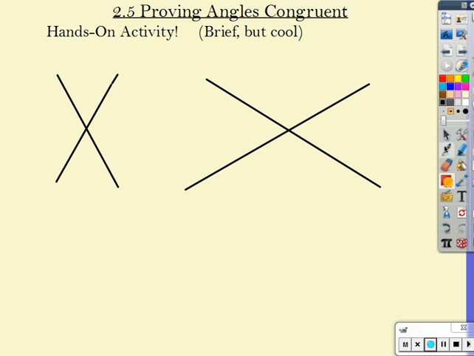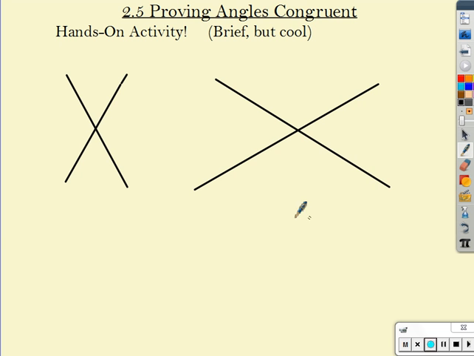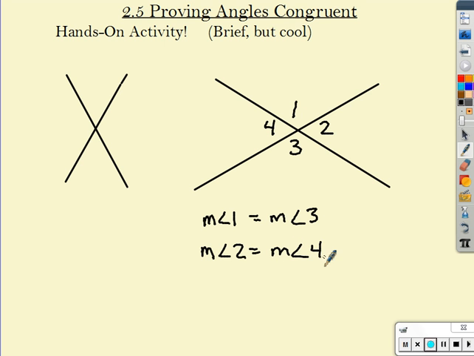And I'm going to have you do this. Label your top part 1, and then go clockwise around 2, 3, and 4. And I'm going to tell you right now that the measure of angle 1 is equal to the measure of angle 3, no matter how you drew your X. And also the measure of angle 2 is equal to the measure of angle 4.